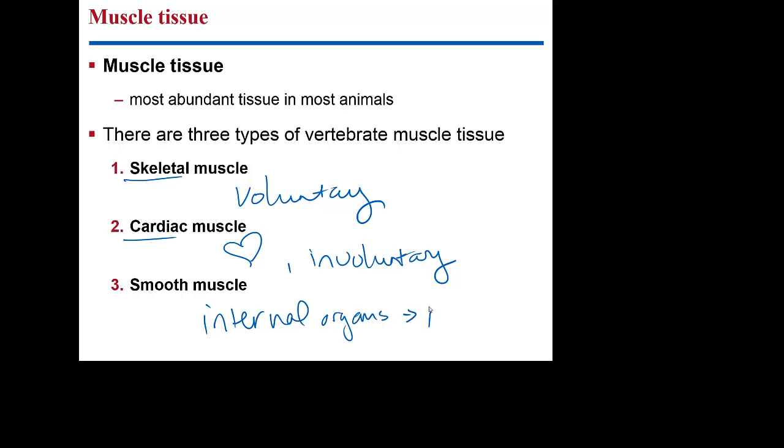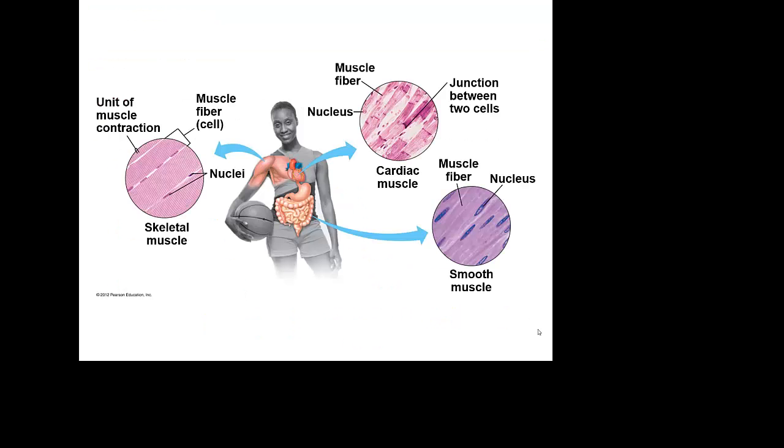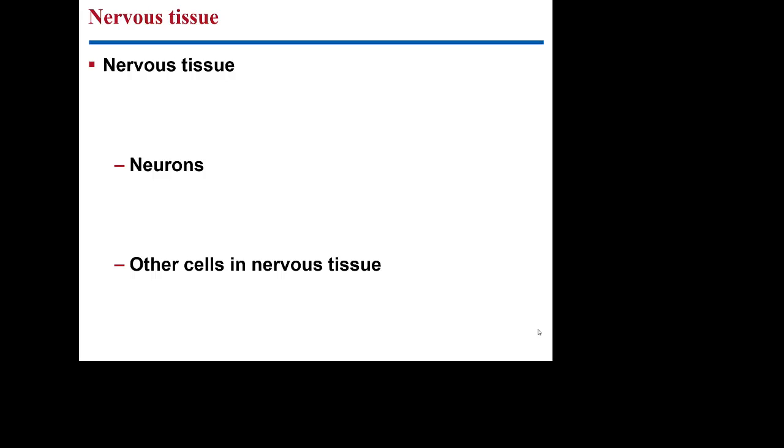And again, involuntary. Their structures are different. We will look at that because if muscles are going to be voluntary versus involuntary, they're going to have to be interacting with your nervous system very differently. So we will look at that later on.